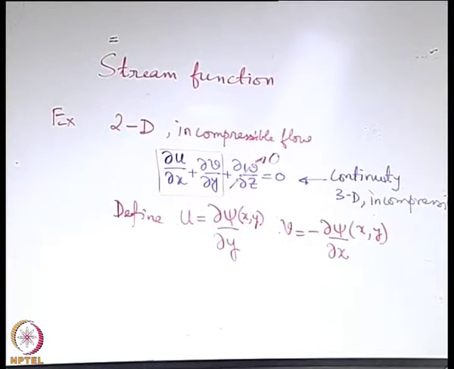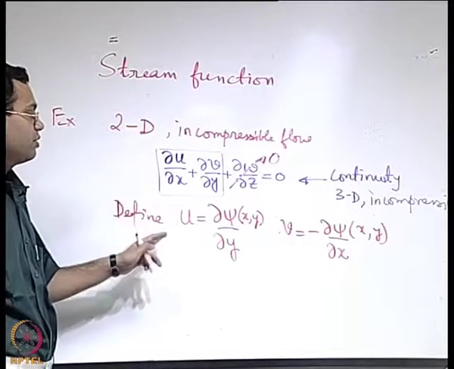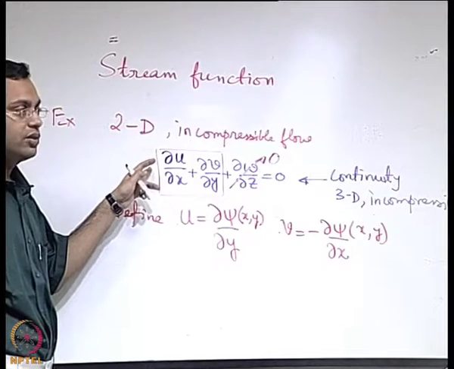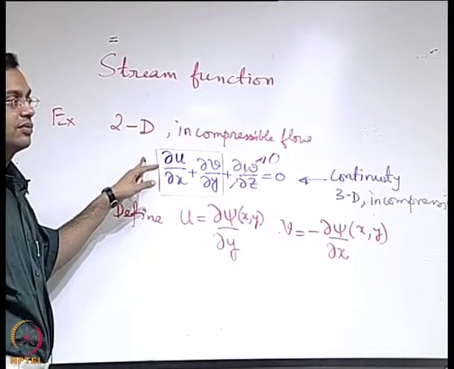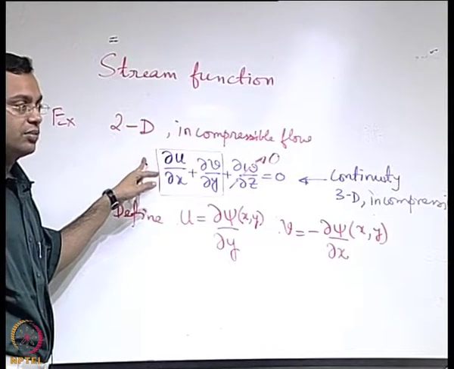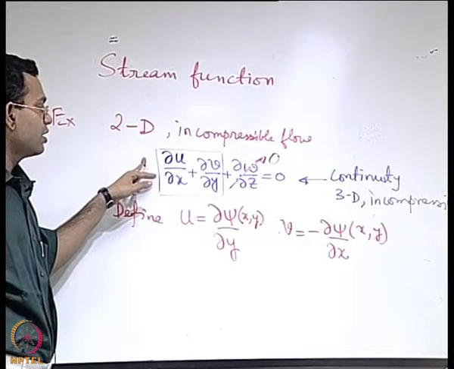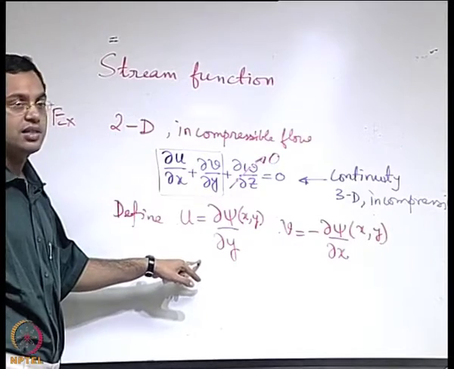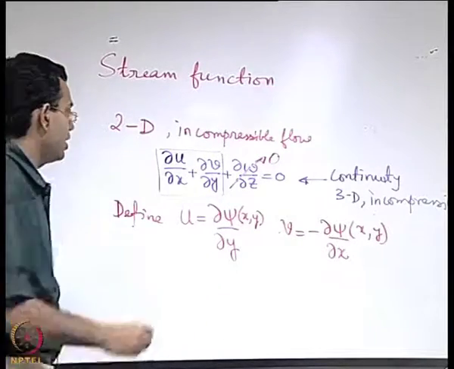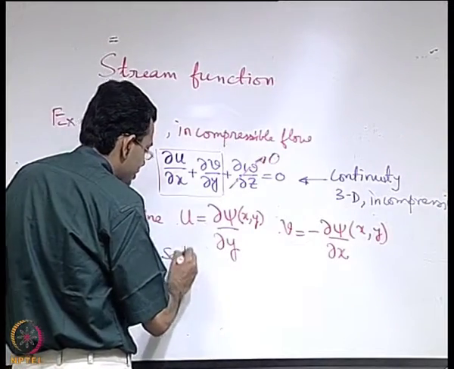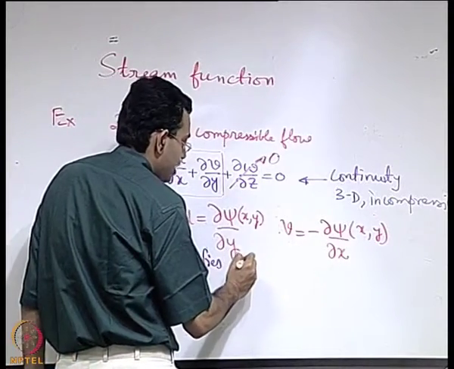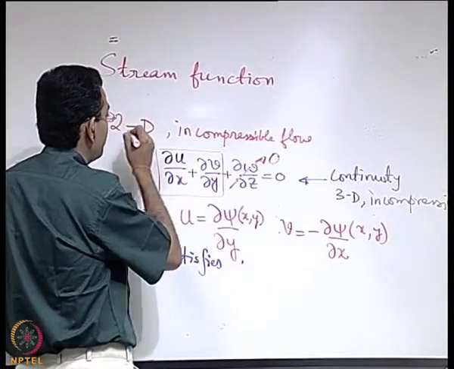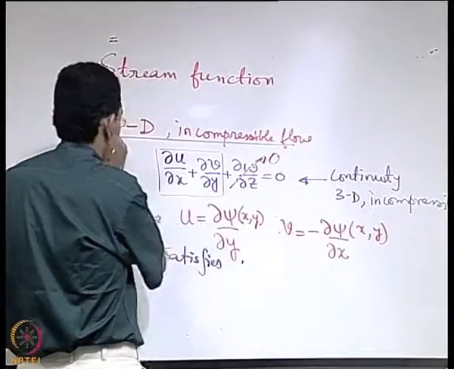If you do that, then what is its effect on this continuity equation? You see that this definition satisfies the continuity equation automatically, provided it is continuously differentiable up to the second order. So, this definition satisfies the continuity equation for 2D incompressible flow.